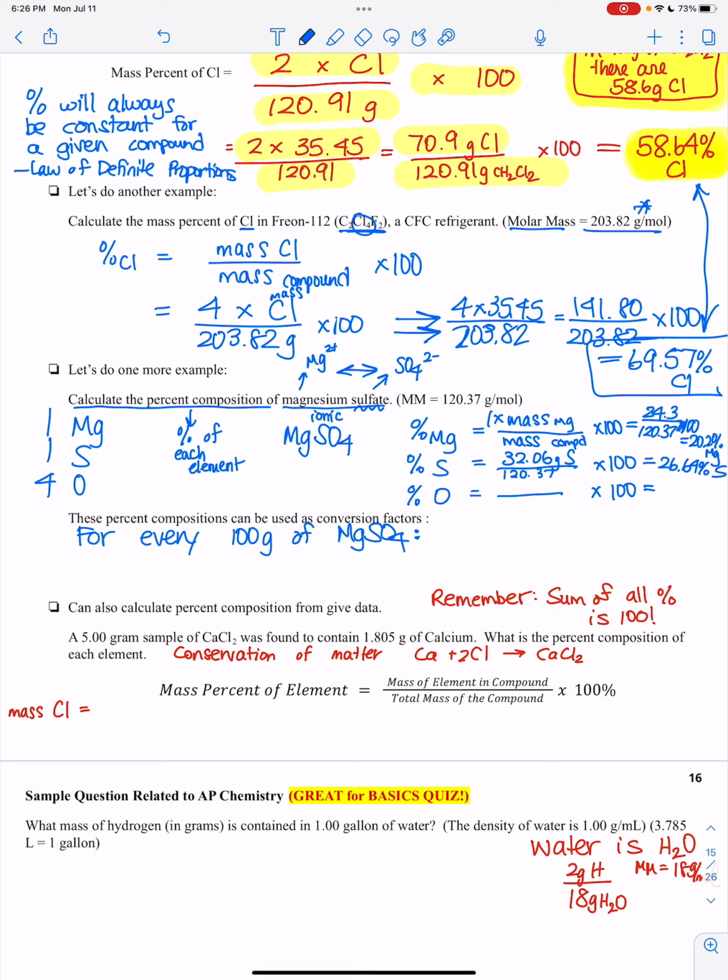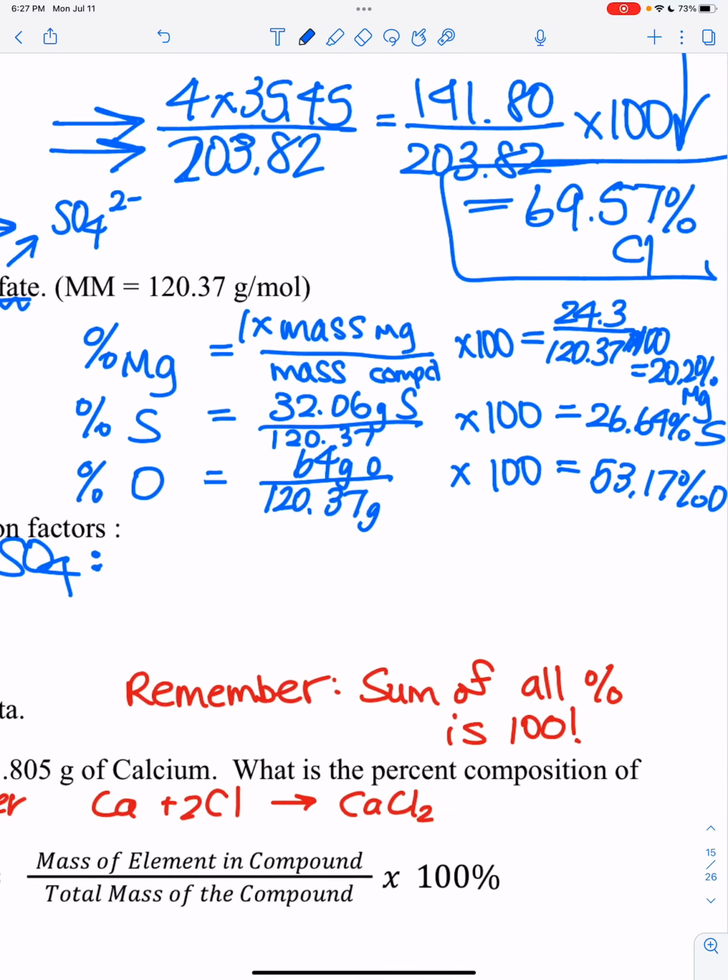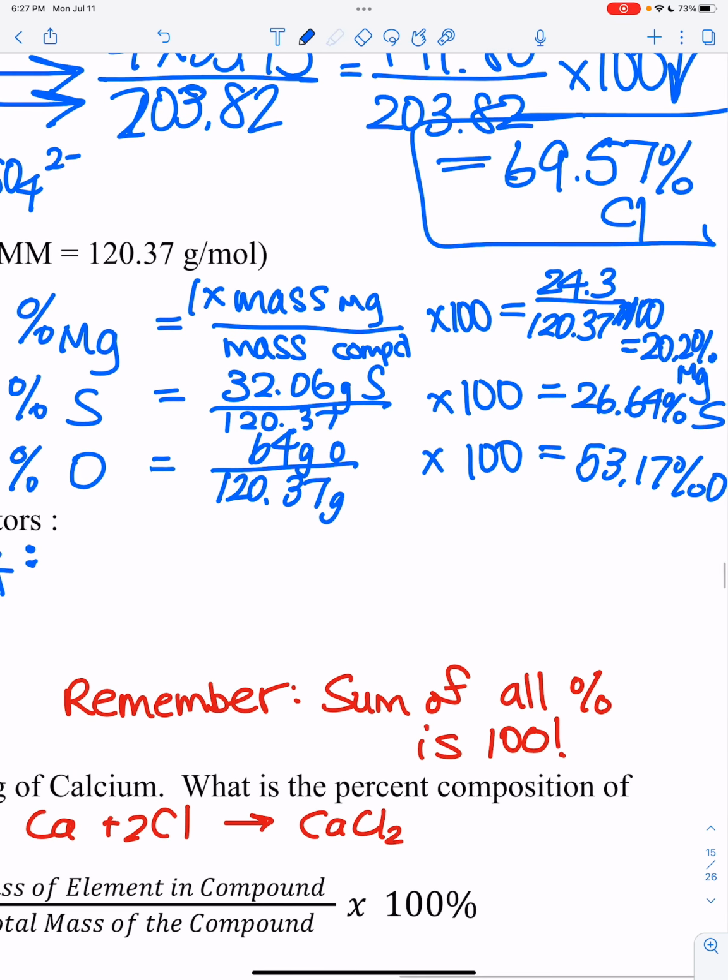And then oxygen, there are 4 oxygens. 4 times 16 is 64 grams oxygen. So 64 grams oxygen divided by 120.37 grams of the compound times 100, I get 53.17% oxygen. If you can't see that, I'll zoom in right here, and I could try and highlight the answers.